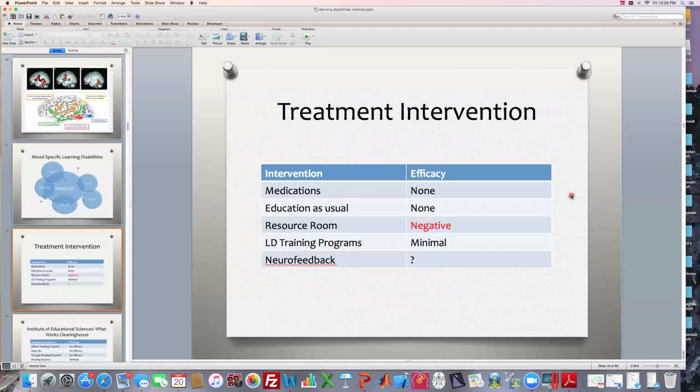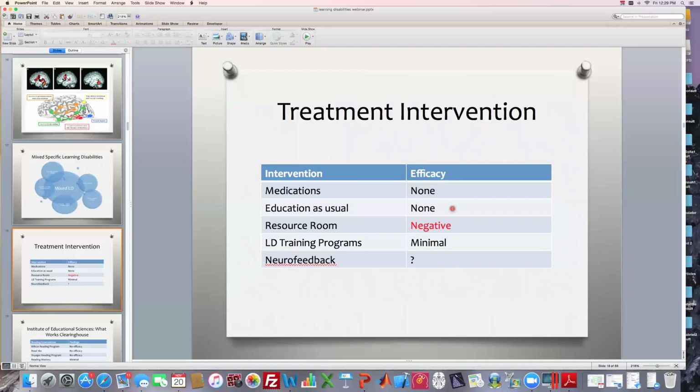Treatment intervention. This is a listing of the different types of interventions that have been considered related to learning disabilities and their level of efficacy. The bottom line of all of this is that there is no one specific approach, and most approaches have very limited efficacy when it comes to remediating learning disabilities. There's no efficacy at all for medications.